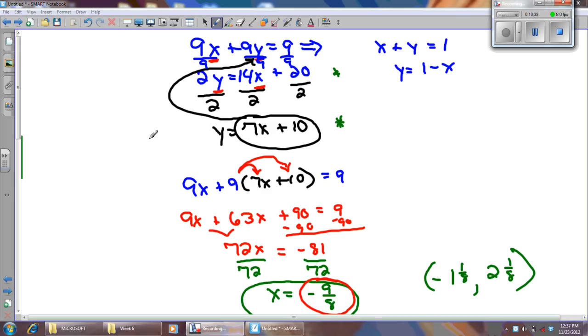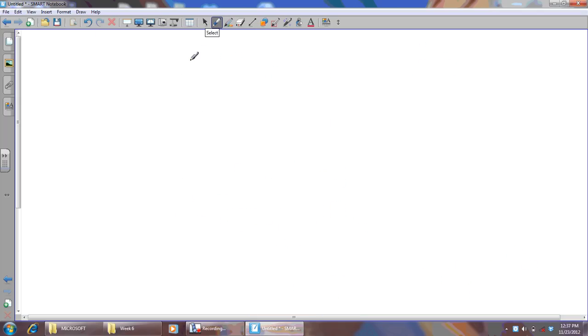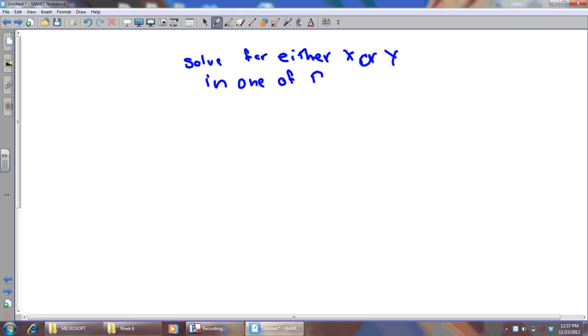All right, so we first have to make sure one of our variables is alone. So we solve for either x or y in one of the two equations. And if we solve for either x or y, then we substitute it in.